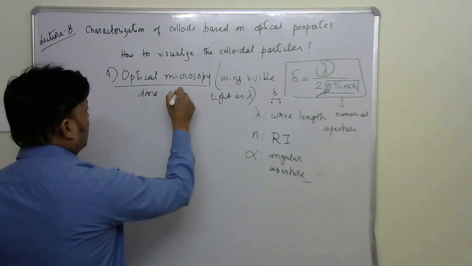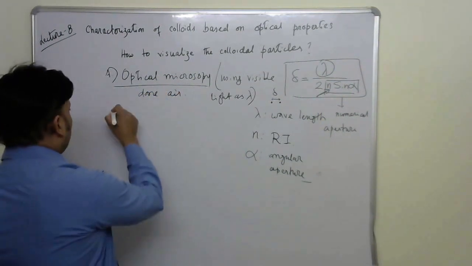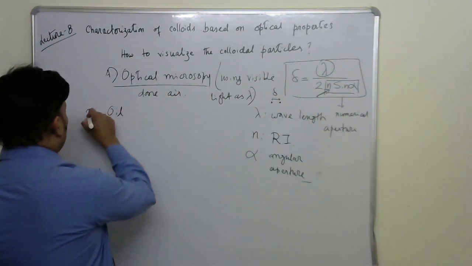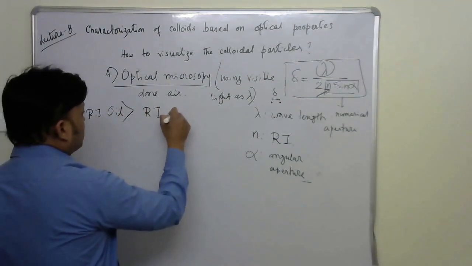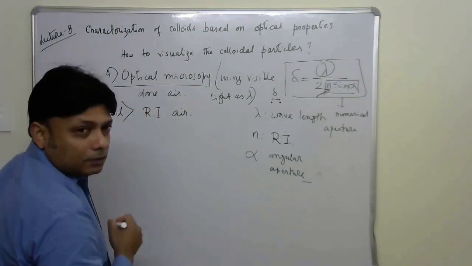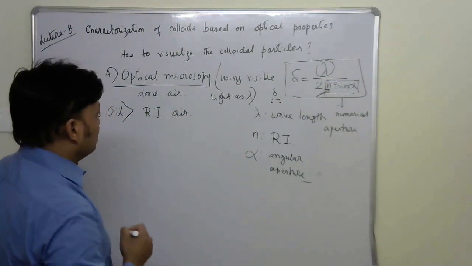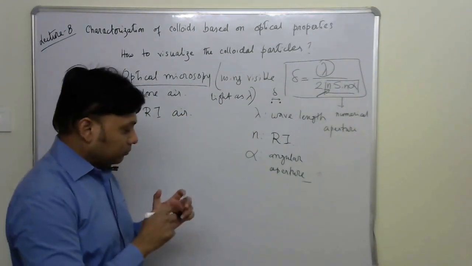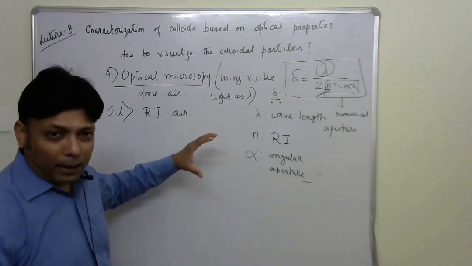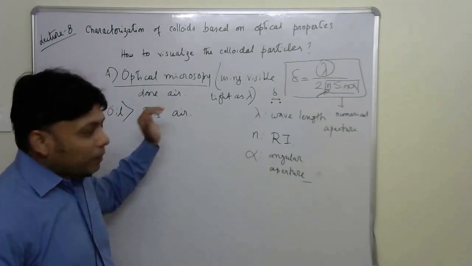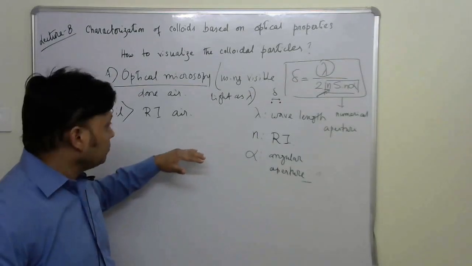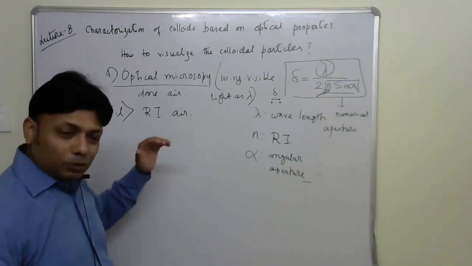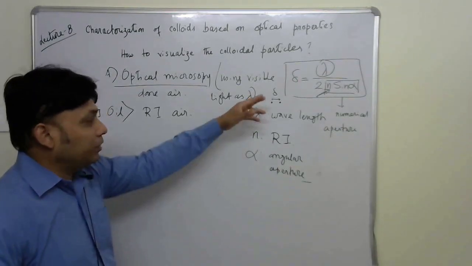But if we think about oil, the refractive index of oil is greater than the refractive index of air. So if we take our normal microscope and replace the air between the objective lens and the sample with oil, it will give you better resolution theoretically.